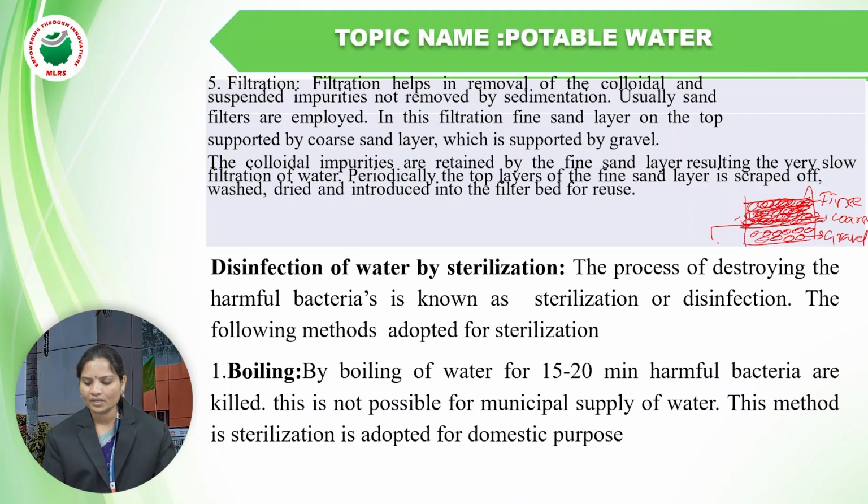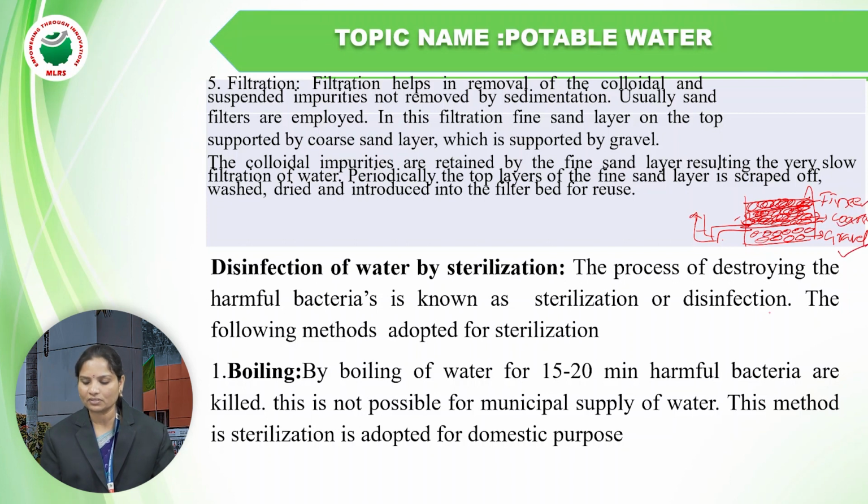So there are three types of layers in the filtration tank, either in the slow or in the rapid filtration tank: the fine sand layer, the coarse sand layer, and the gravel sand layer.